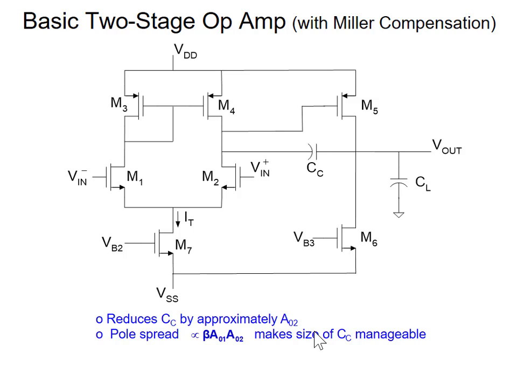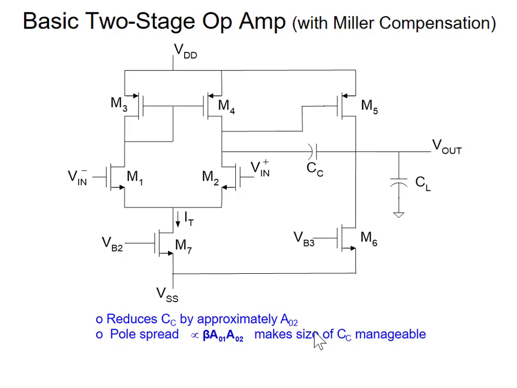Finding the pole on this node, this is an AC ground with a differential excitation, so the analysis I did before applies exactly here. The only thing is the GM is going to have a factor of 2 because you have a current mirror connection on top. If I want to look at the pole on this node, the dominant pole, at C sub C, it's 1 over C sub C times GM5 over G out 5 plus G out 6, that's the gain, times the compensation capacitor CC.